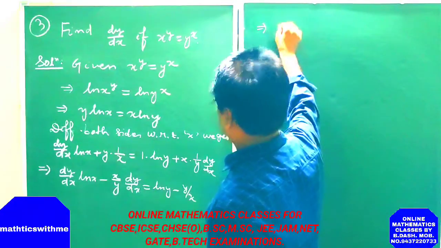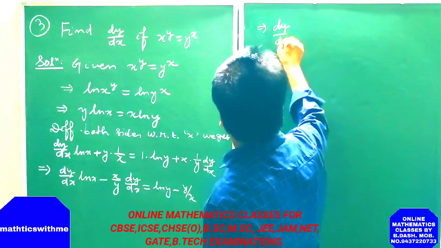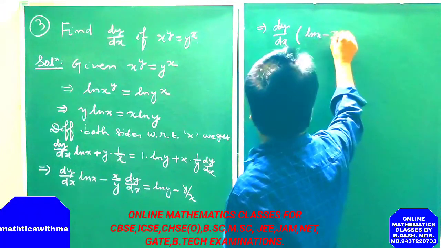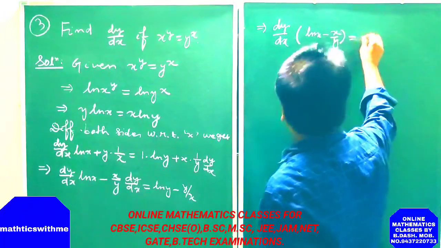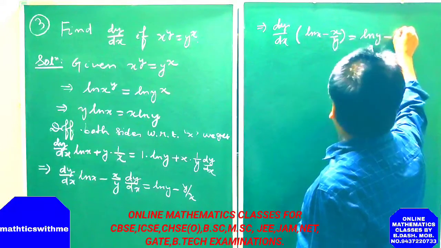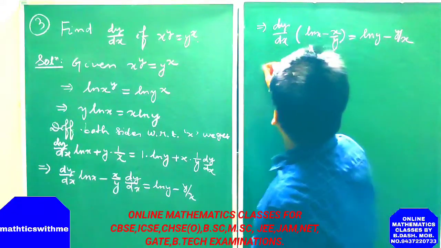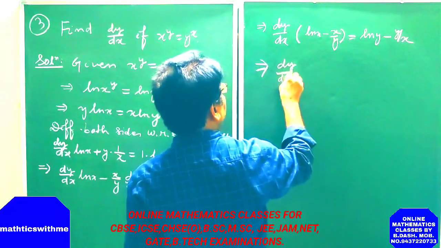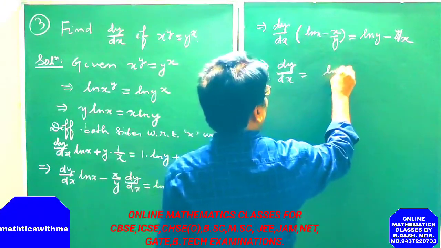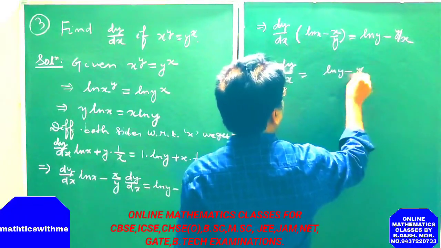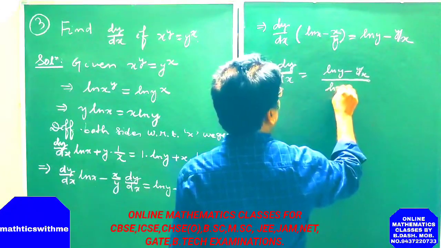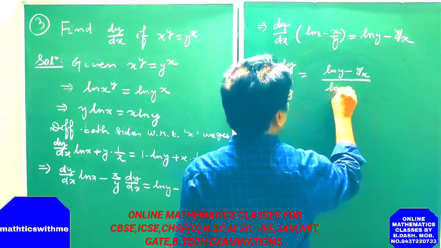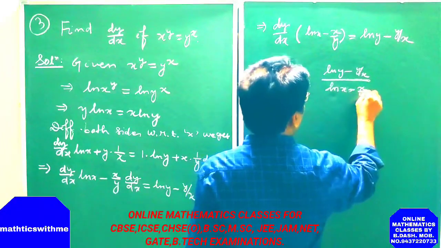So this implies dy/dx taking common, we get (ln x minus x/y) is equal to ln y minus y/x. So this implies dy/dx is equal to (ln y minus y/x) divided by (ln x minus x/y).